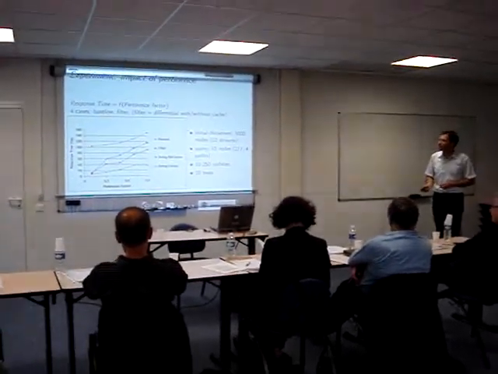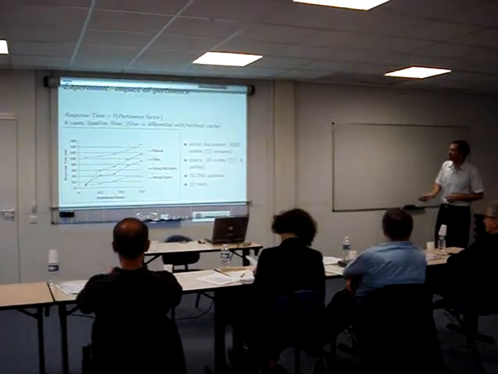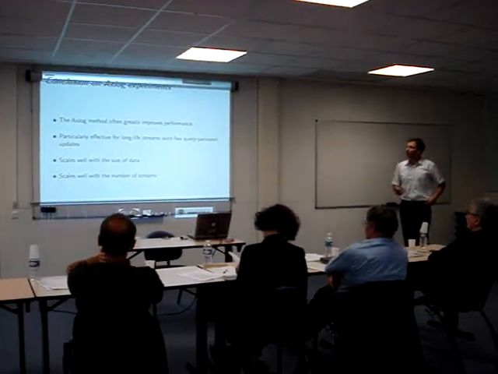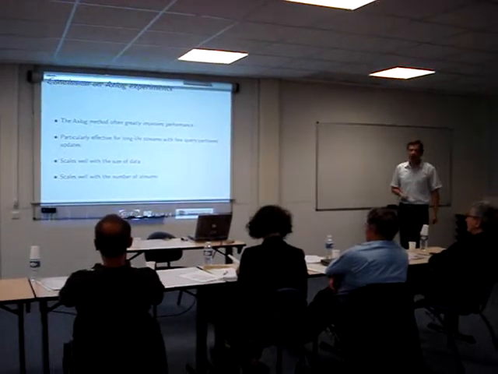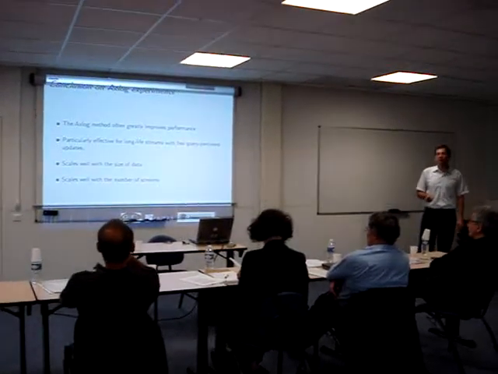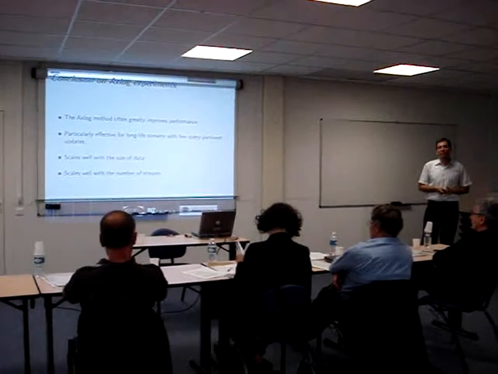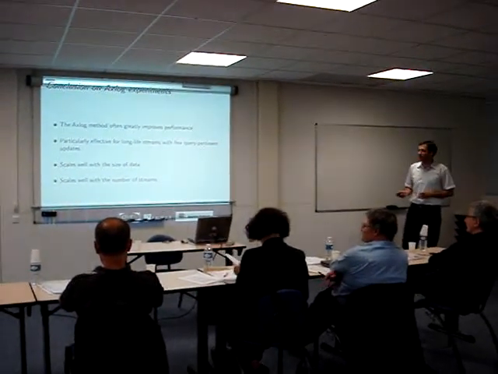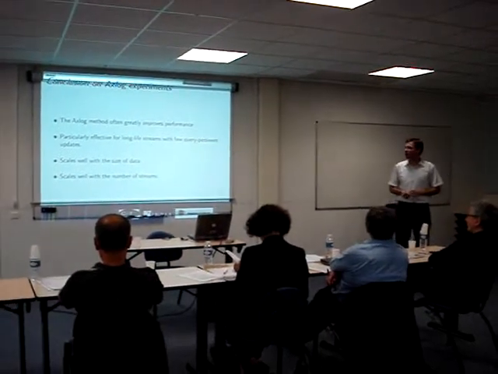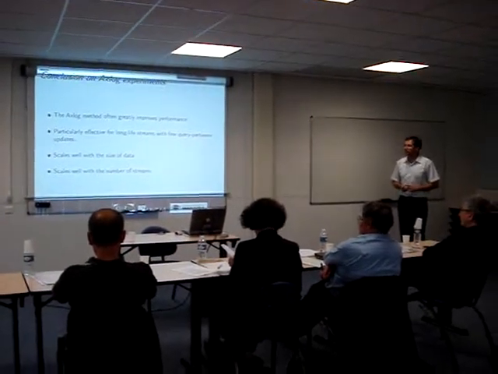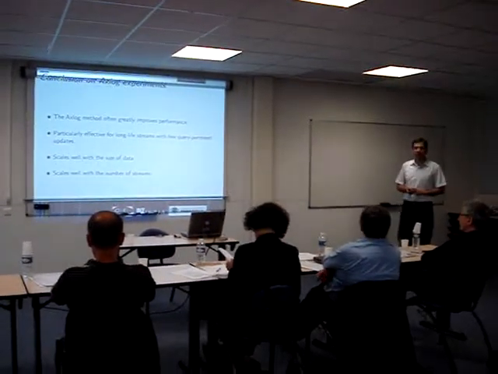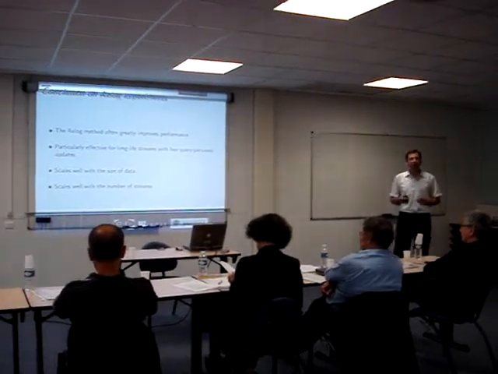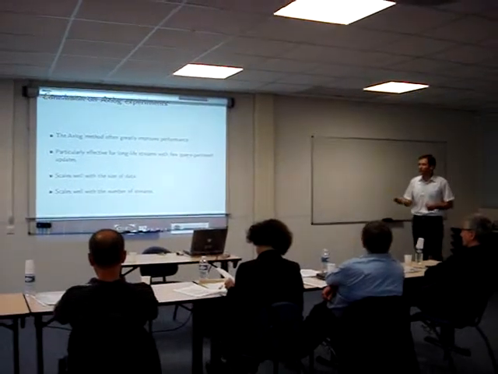So this is what we see here. Now, our methods are quite efficient, and especially for long streams with low pertinence updates. And the question is, does this scale? We have conducted experiments that show that the methods scale with the size of the documents and with the number of function calls of streams in the document.